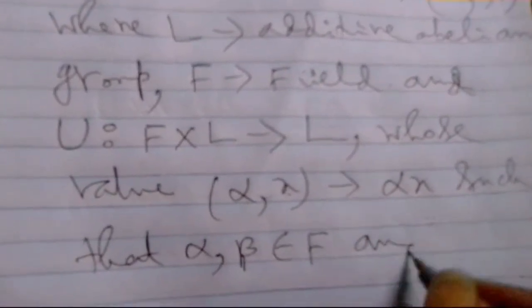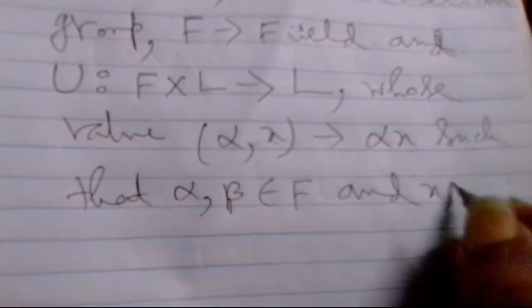alpha and beta are elements of the field F, and if we take x and y as elements of the additive abelian group L, then we have the following properties.